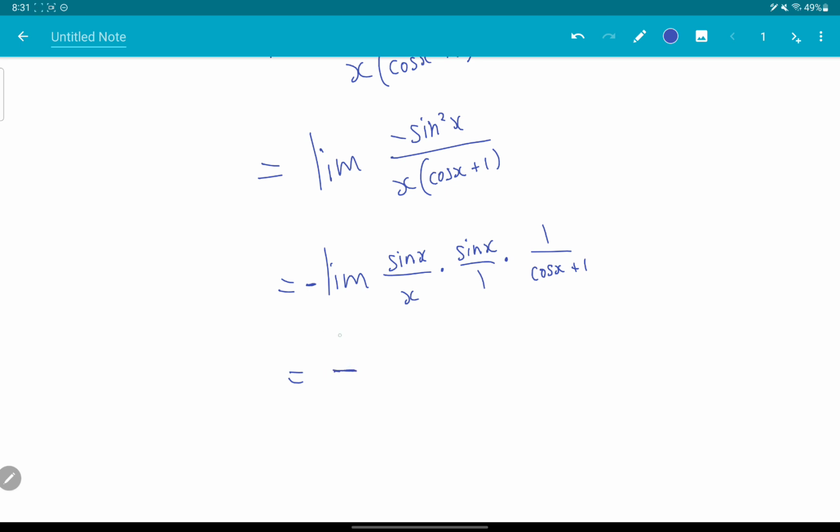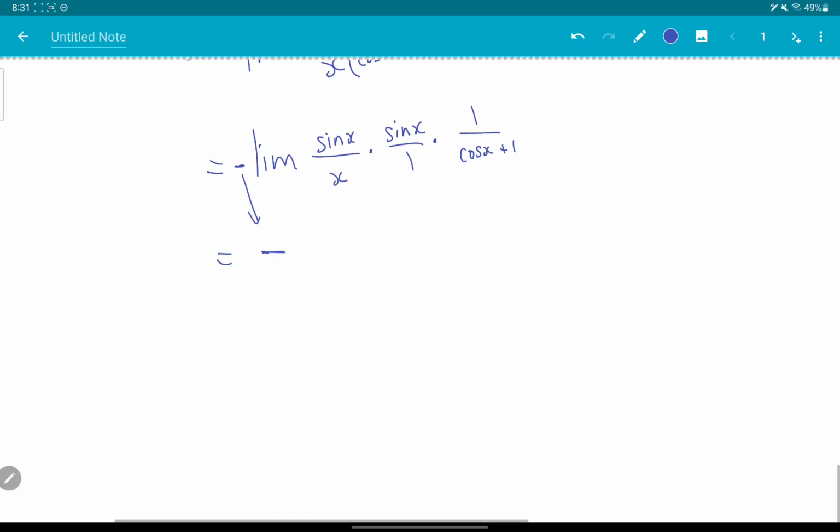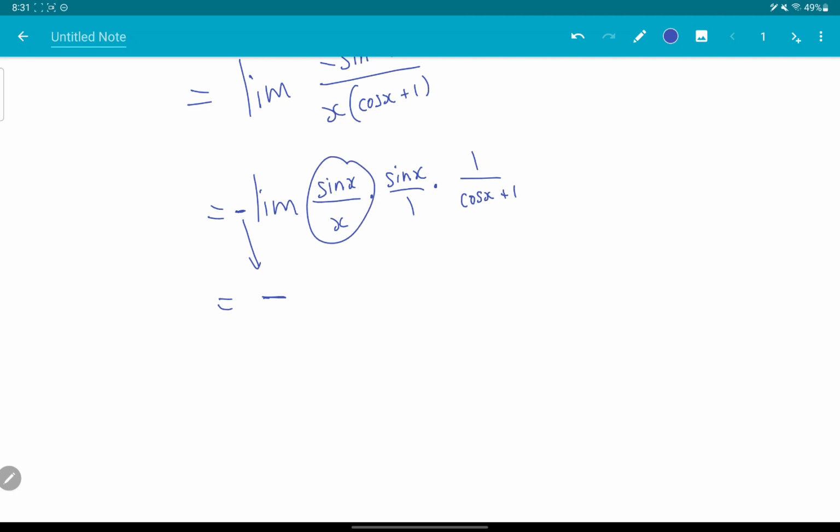So my minus stays. This fraction goes to 1. This guy just goes to 0. And then this fraction goes to a half. And that's where my 0 comes from, as expected.